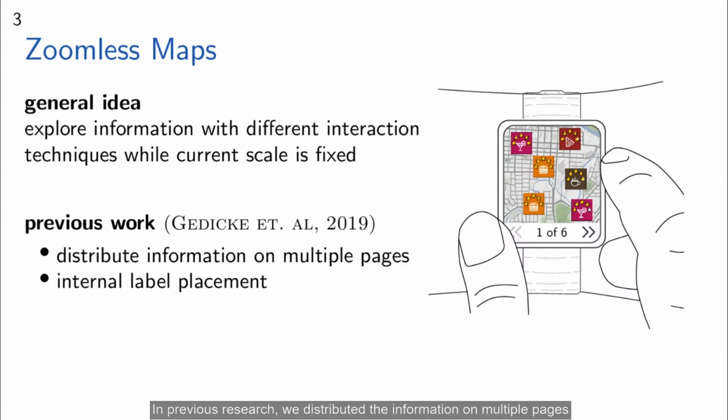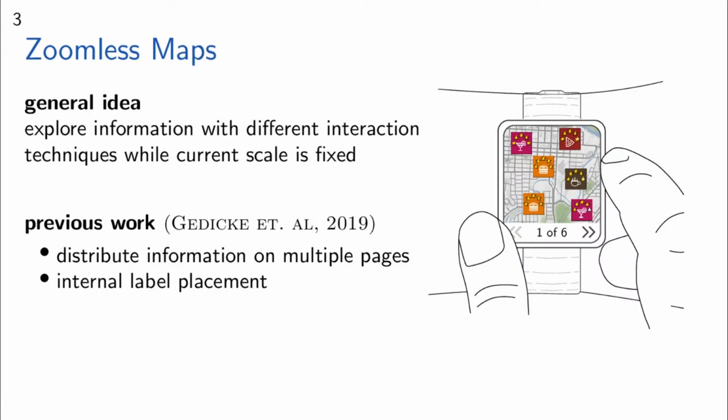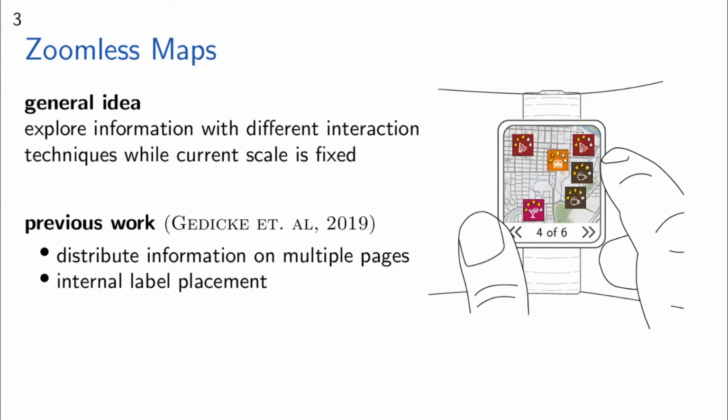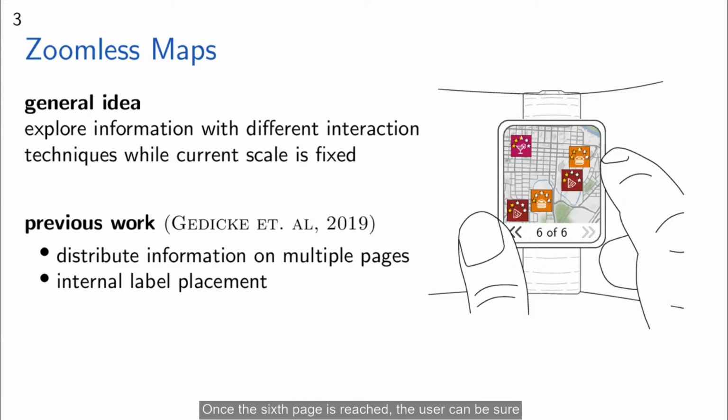In previous research, we distributed the information on multiple pages using internal label placement such that no labels overlap. In the example on the right, 6 pages were used, which the user can browse through by clicking the buttons. Once the 6th page is reached, the user can be sure that he or she has accessed all information.